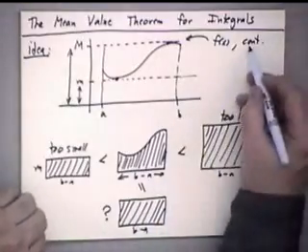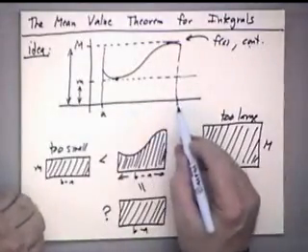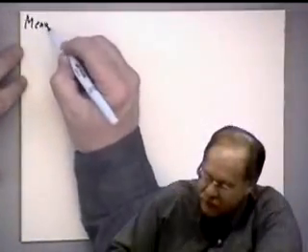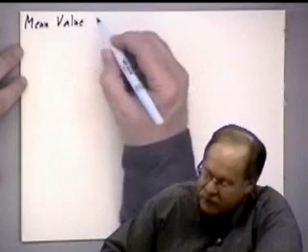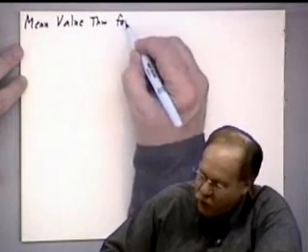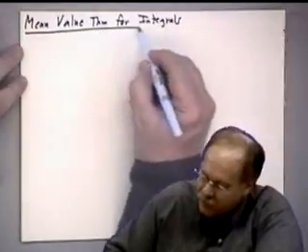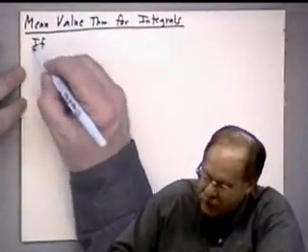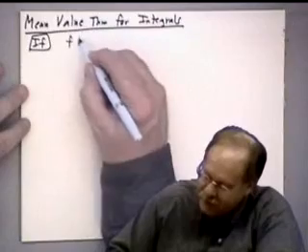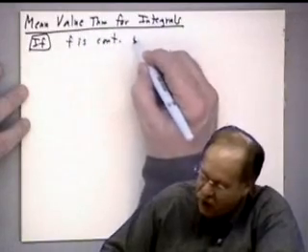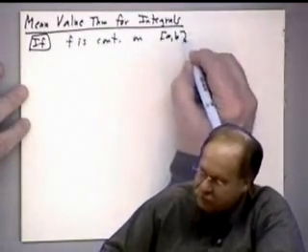Well, the fact is, if f is a continuous function on a closed interval, it is always true. And that is exactly what this mean value theorem says. So this is the mean value theorem for integrals. And it starts off with the simple hypotheses I mentioned, that f is continuous on a closed interval.